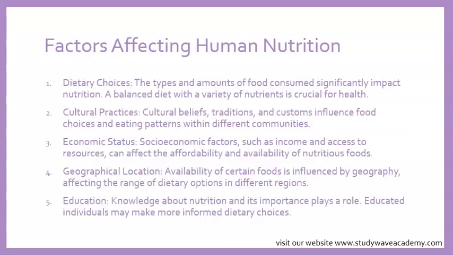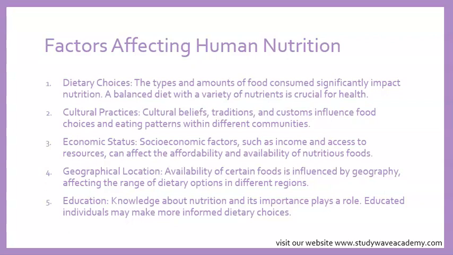good. So we're going to be looking at factors affecting human nutrition. Factors affecting human nutrition are the things that influence how we eat and stay healthy. Okay, dietary choices. The type and amounts of food consumed significantly impact nutrition.